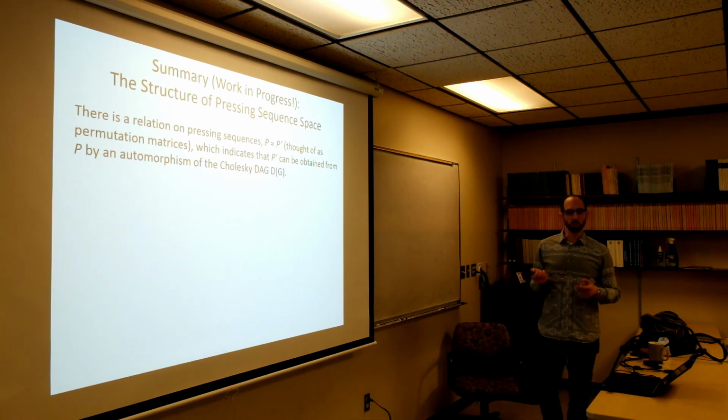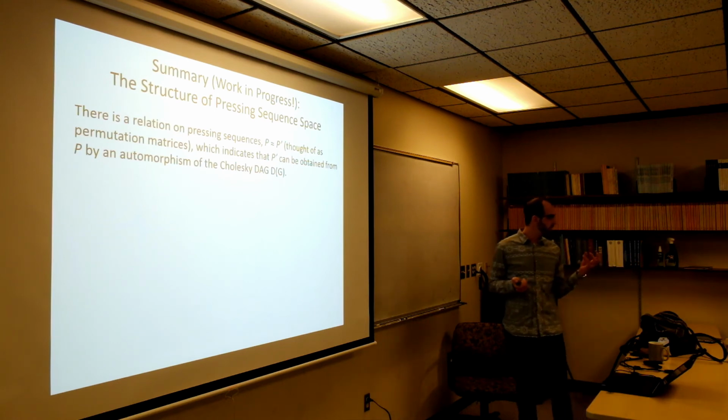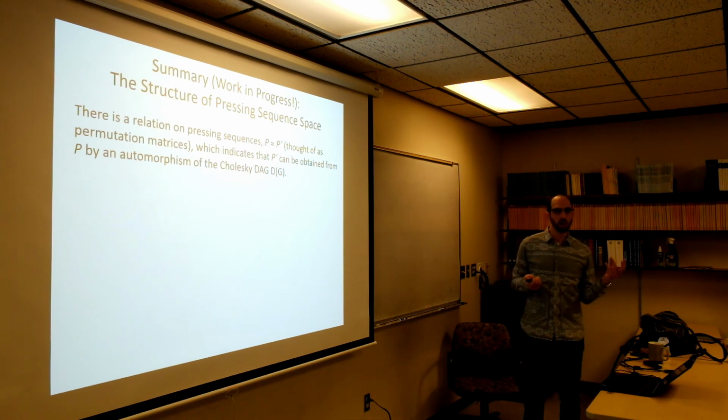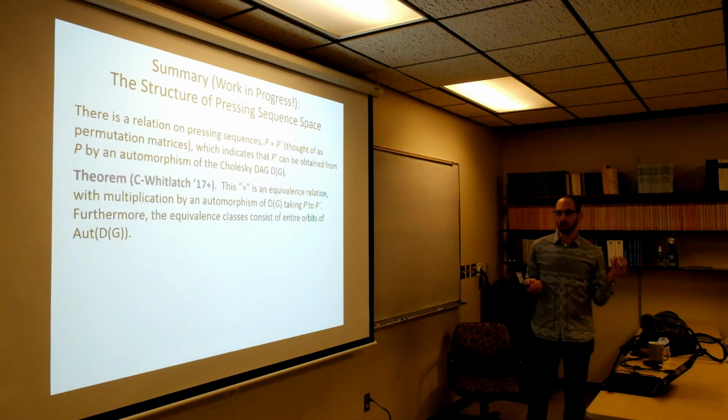You can collect the P's in piles where the pressing sequences correspond to the same DAG by an automorphism. It's easy to see that it's an equivalence relation, and multiplication by an automorphism of the DAG is what takes one to another. Furthermore, the equivalence classes are entire orbits of the automorphism group of the DAG, which I'm denoting DG.